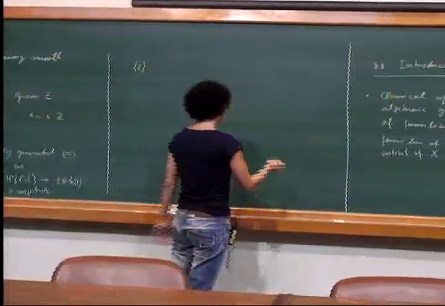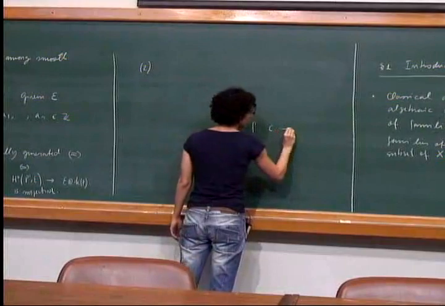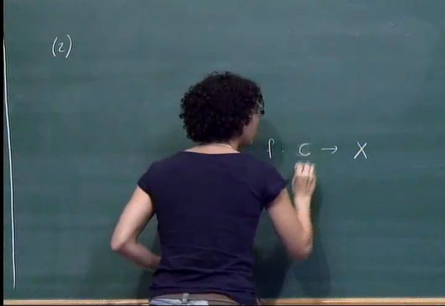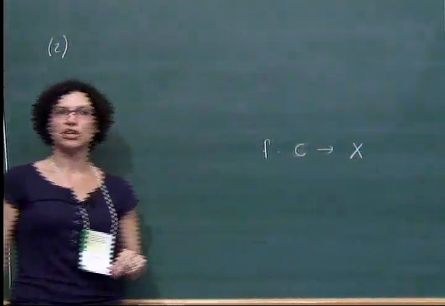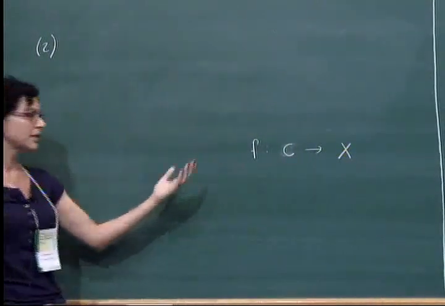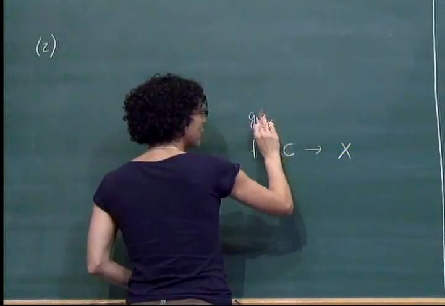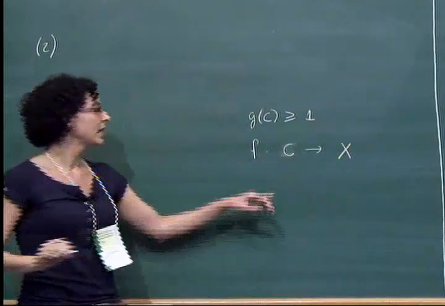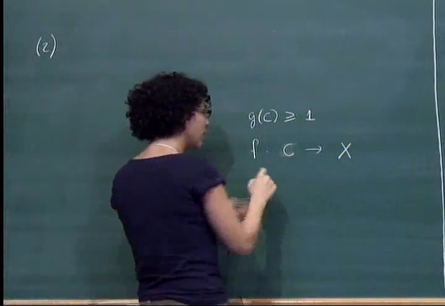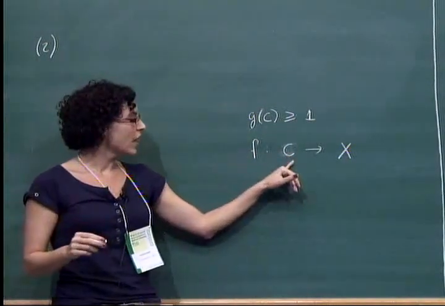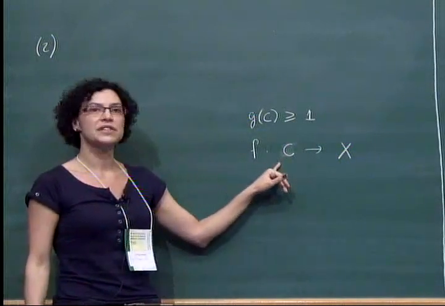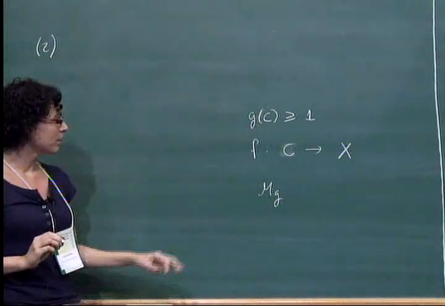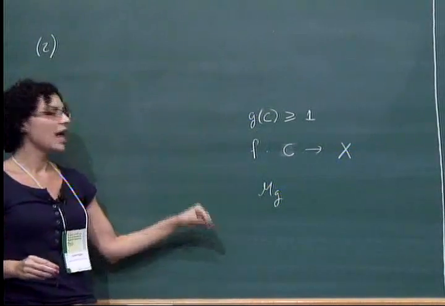In general, if you have a curve of higher genus, say f is an embedding or a birational map of C onto its image in X, and you want to understand the deformation theory of curves in X, and the genus of C is at least 1, then it's not enough to consider deformations of the morphism, because you also have to allow the domain curve C to vary in its moduli, which is M_g. This can be done, but this is an extra complication.